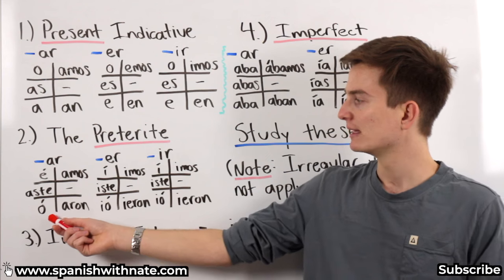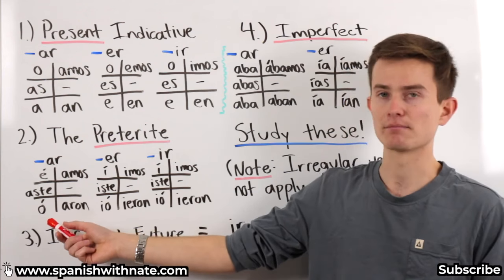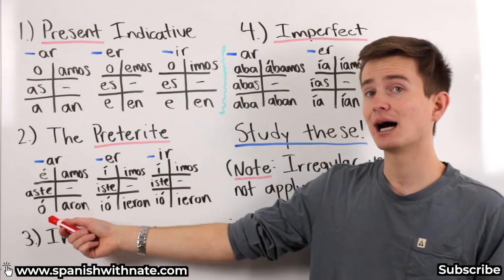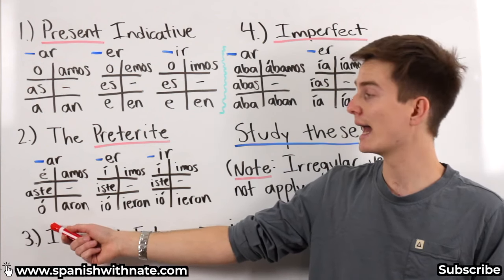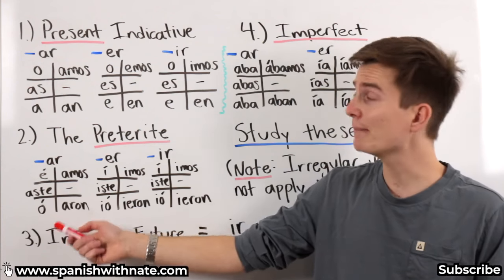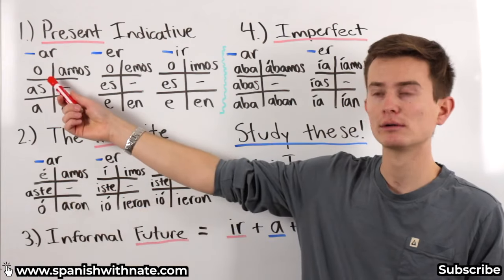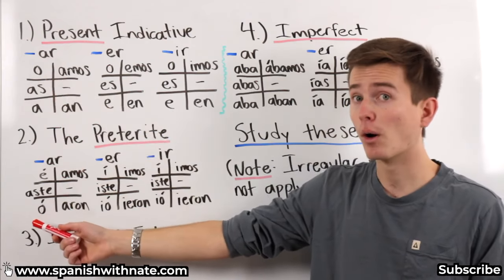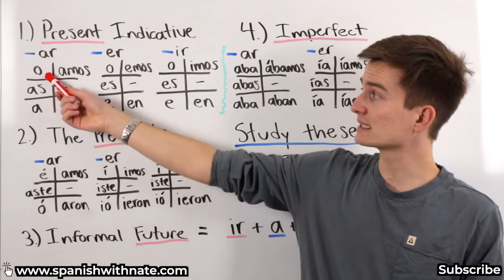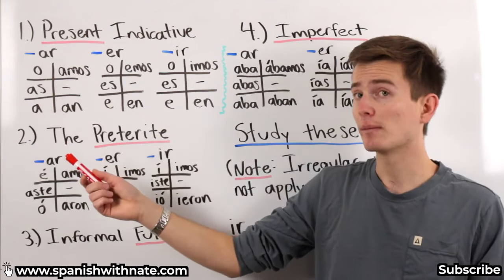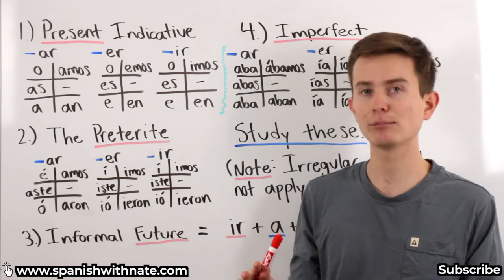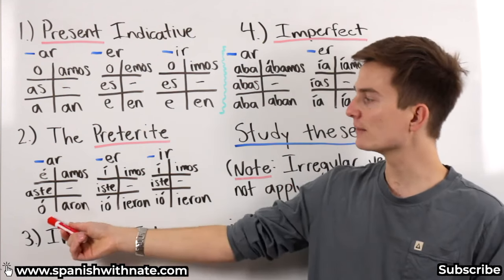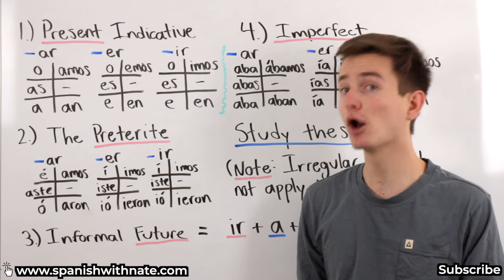So, for example, in the él form, I don't say "él hablo," I would say "él habló," because yo hablo, él habló. Okay, you hear that? In this example, yo hablo, the emphasis falls on that first A. Hablo. Whereas here, it's going to be él habló.